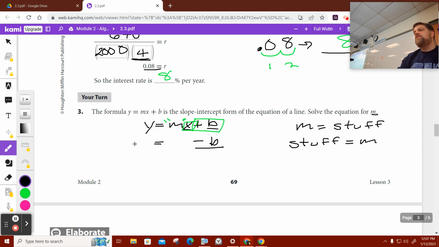Remember, whatever I do on one side of the equal sign, I do to the other. That is called the subtraction property of equality.